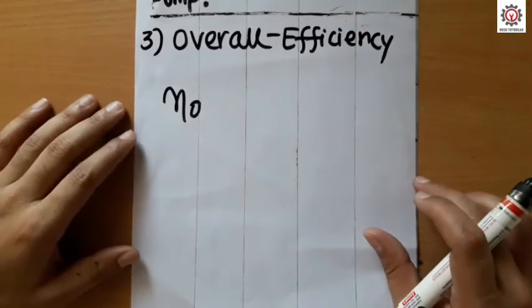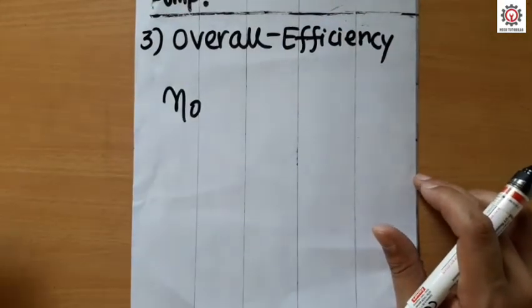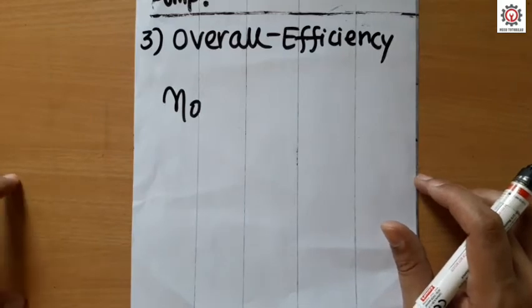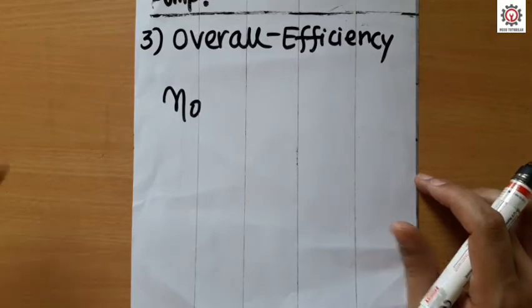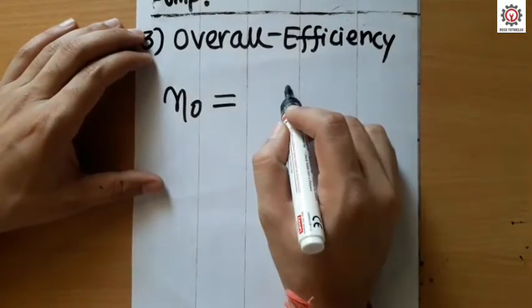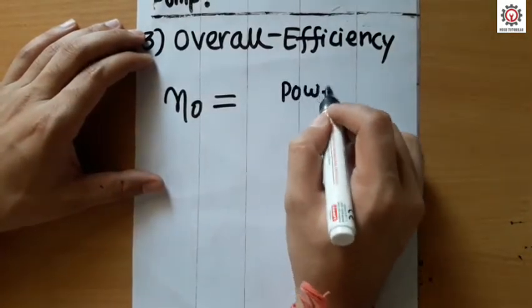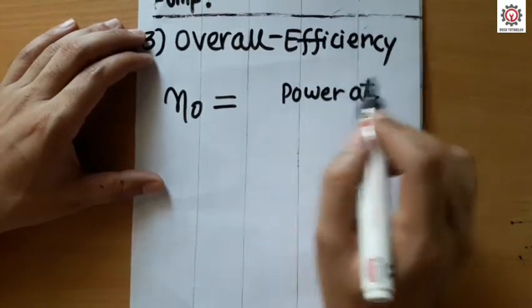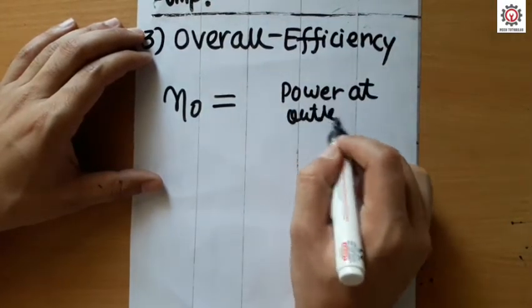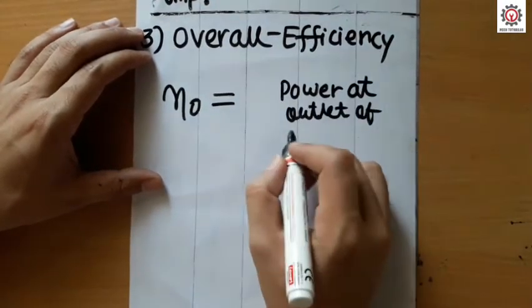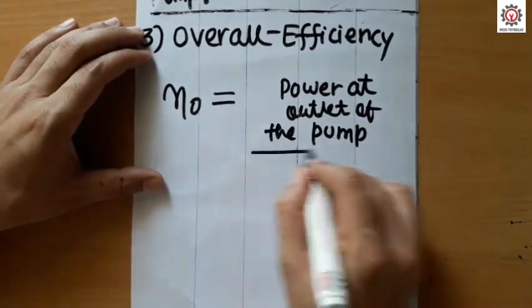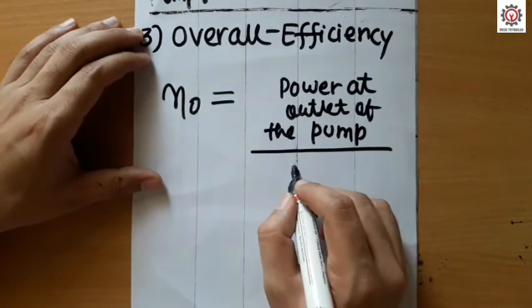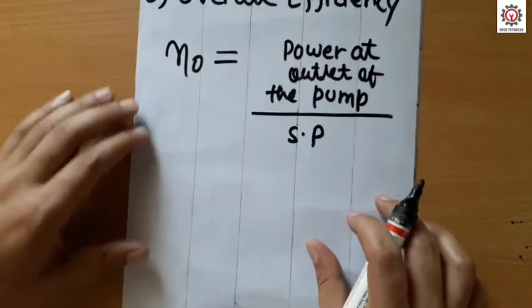And the last one is overall efficiency. Overall means from start to end: what power we give at the start and what power we get at the outlet at the end. So it is the power at outlet of the pump divided by the shaft power, because we are providing input through the shaft power.